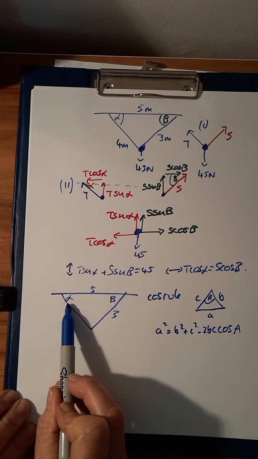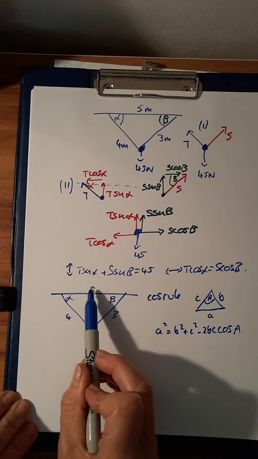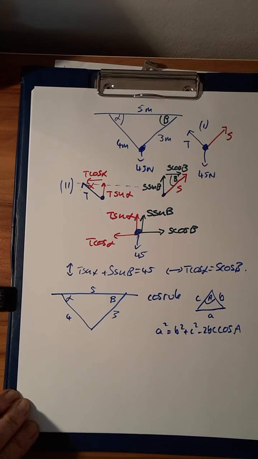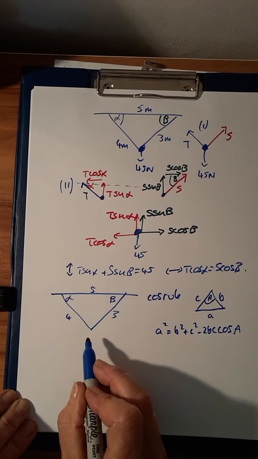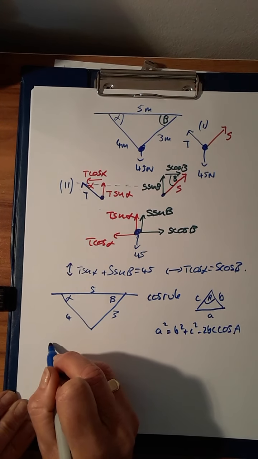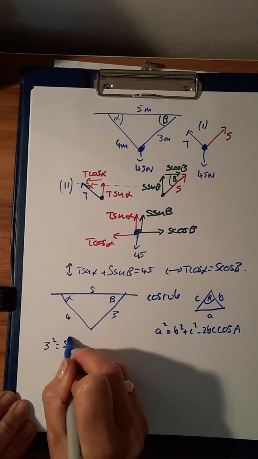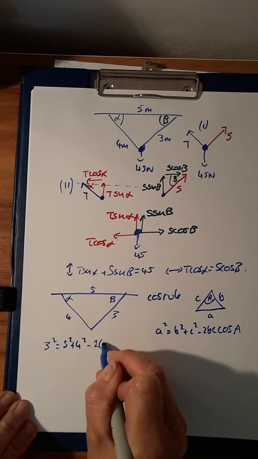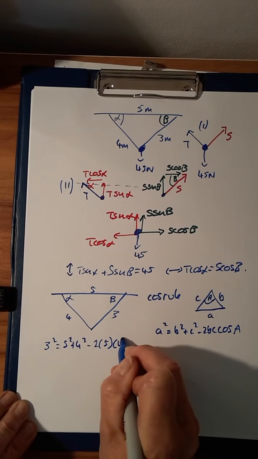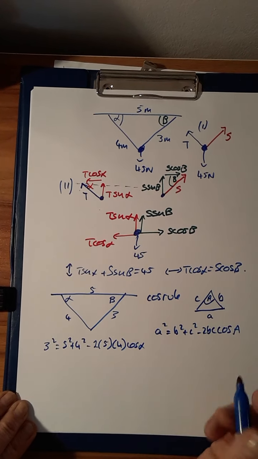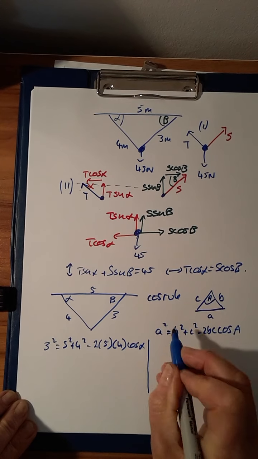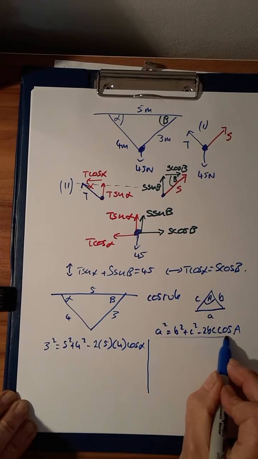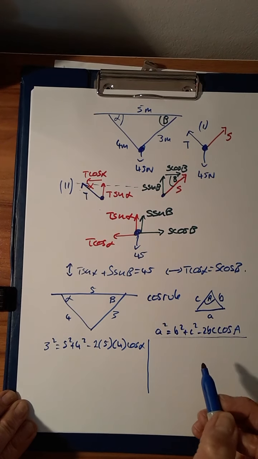Okay, so I'm going to find alpha. I'm going to use 5, 4 and 3 to get me some expression for alpha. So this is going to become 3 squared equals 5 squared plus 4 squared minus twice 5 by 4 by the cos of alpha. And I'm also going to get an expression for beta.